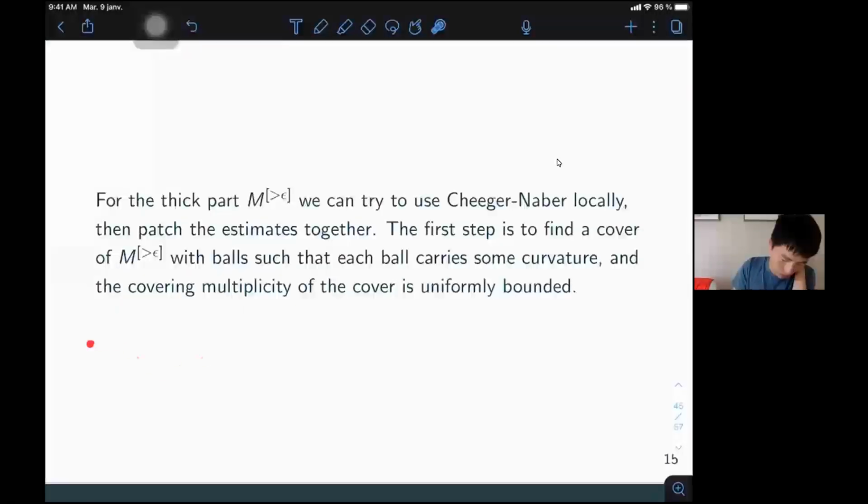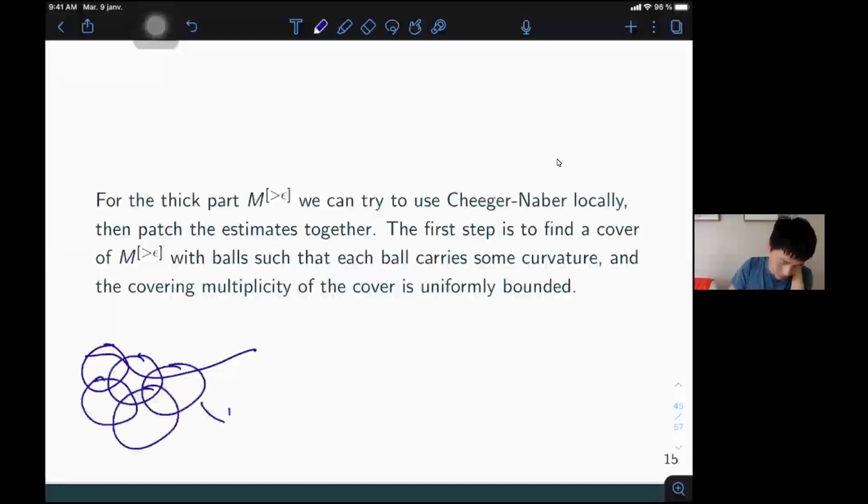So, okay, you have your manifold, and suppose you can find a cover with balls of radii comparable to the non-collapsing radius.